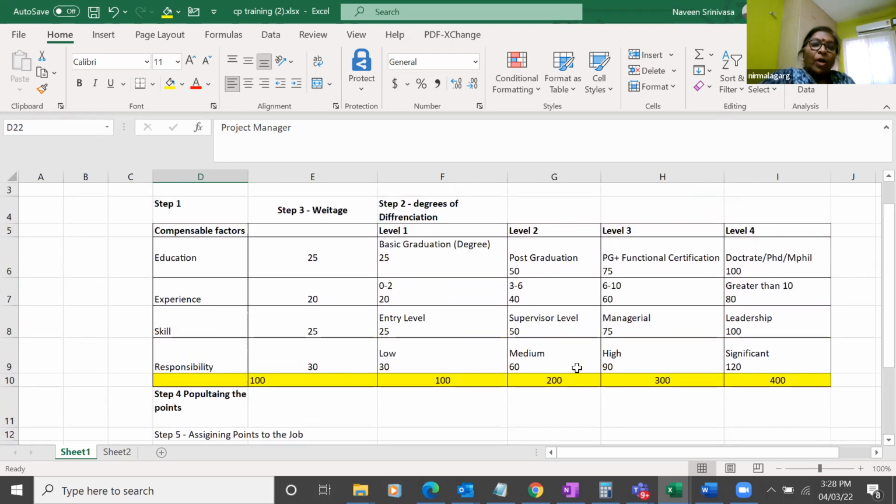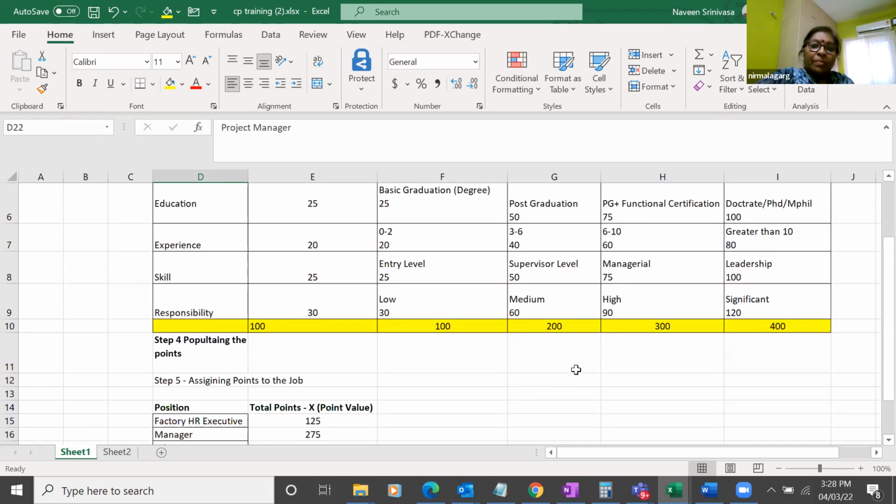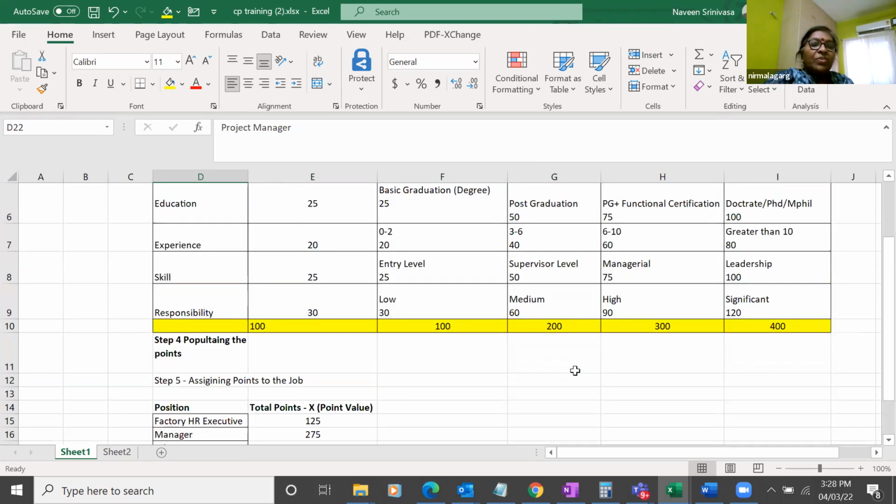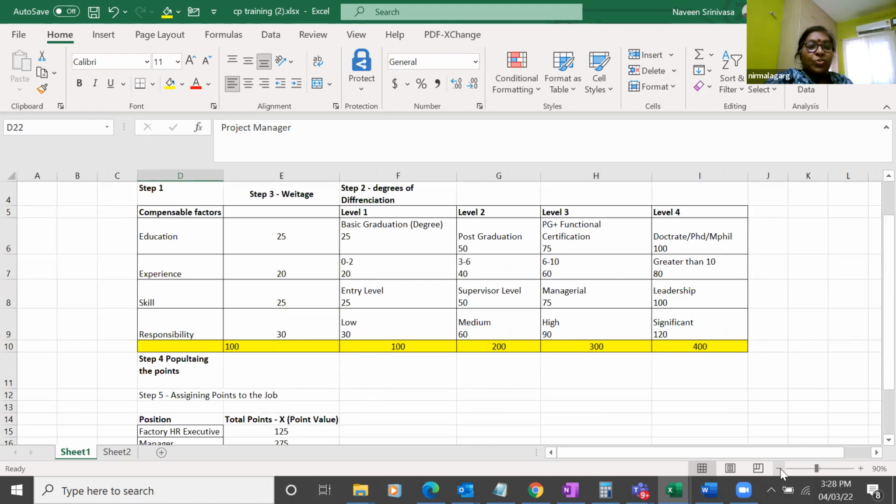Okay, scroll down. Step 1, Rahul. Just scroll down. Yeah, step 1 is identifying compensable factors. So you can see here, as this chart shows, education, experience, skill, and responsibility. Step 2 is defining the degrees of differentiation, or what we call levels.